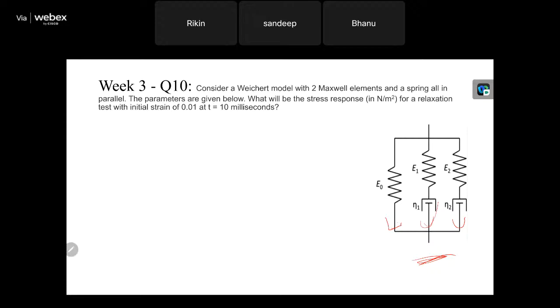Since this is a parallel configuration, we know that the stress is distributed among the various elements. So the total sigma here will be equal to sigma 1 plus sigma 2 plus sigma spring. If we add the stress responses from each element, we'll get it.